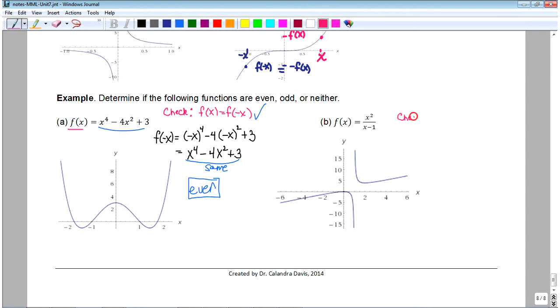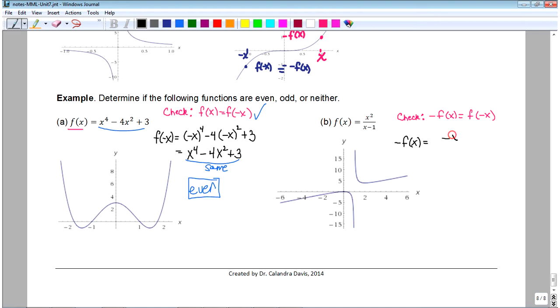Let's say that you weren't sure and you want to check to see if it's odd. That means we're looking to see if the opposite of f of x will equal f of negative x. So let's start with finding negative f of x. That just means I'm multiplying my entire function by a negative.